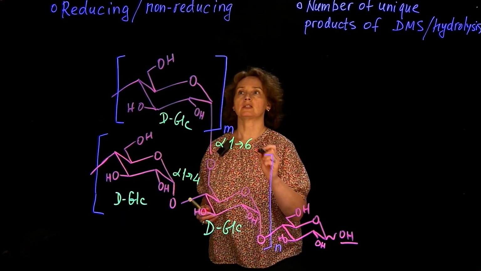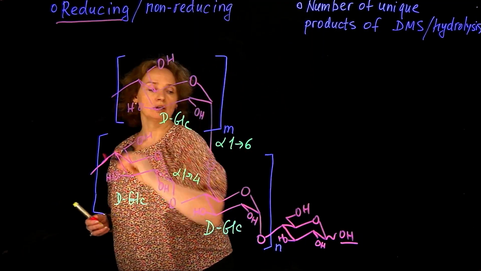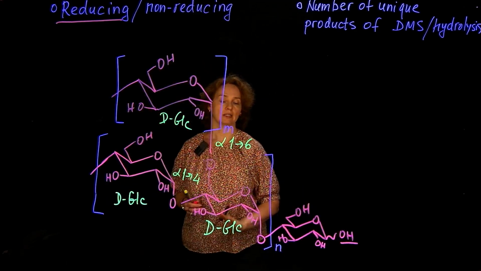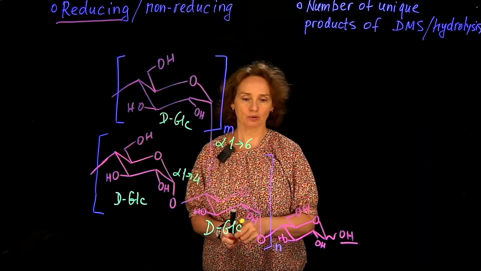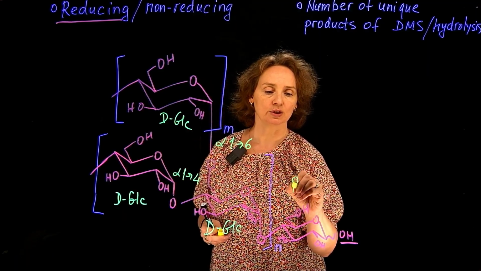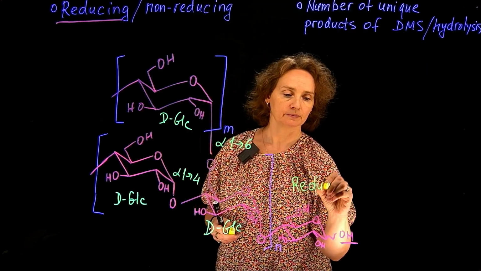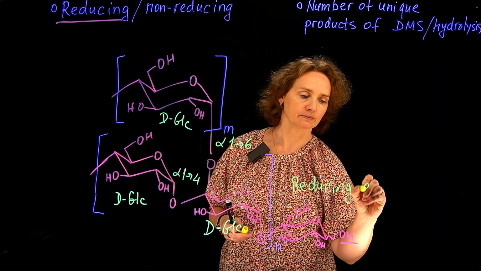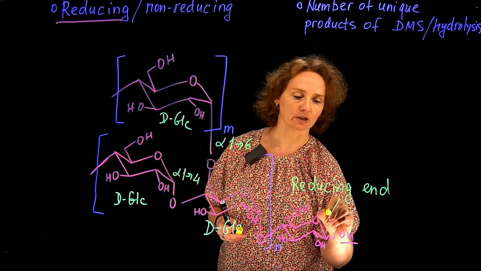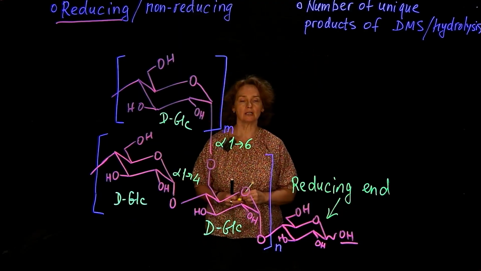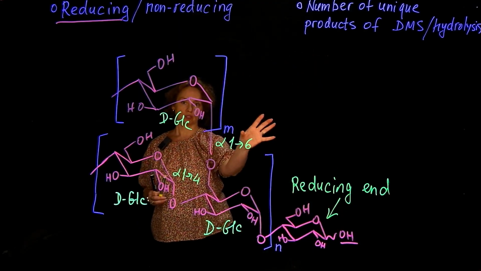So this is a reducing sugar because of the OH at what we name the reducing end of the polysaccharide. So this particular monosaccharide we say is at the reducing end.